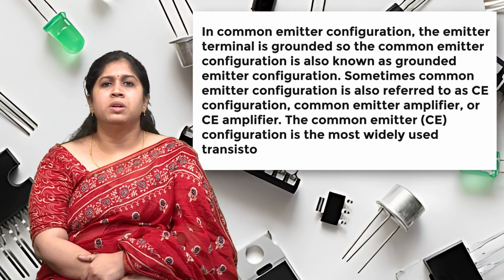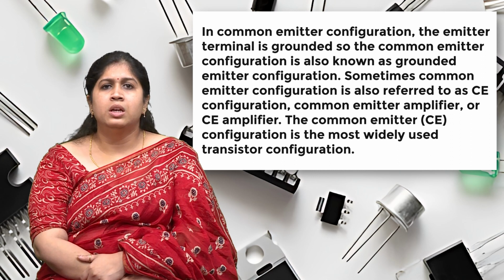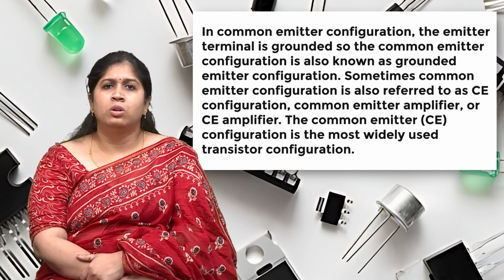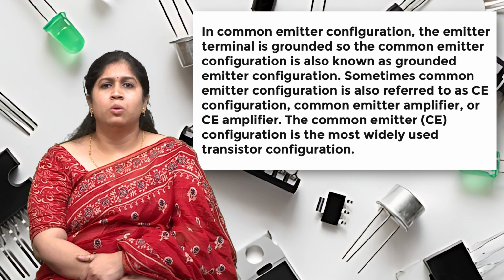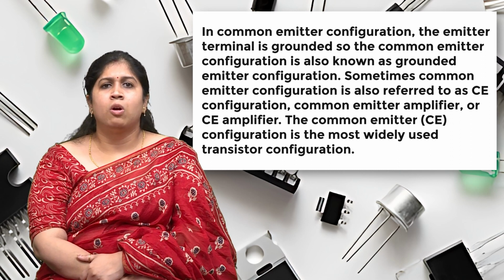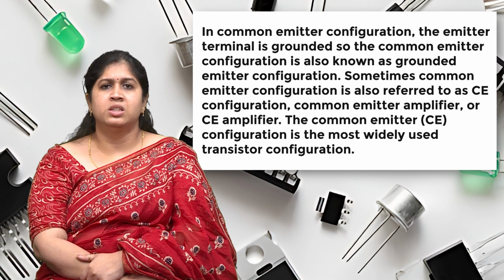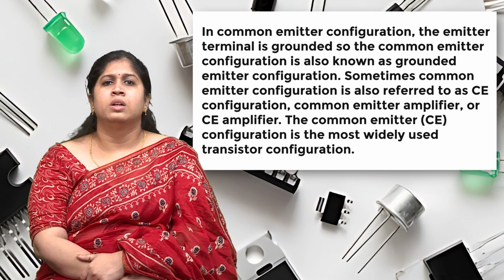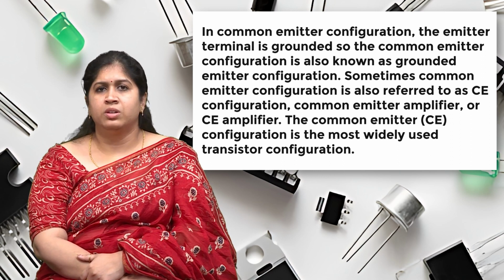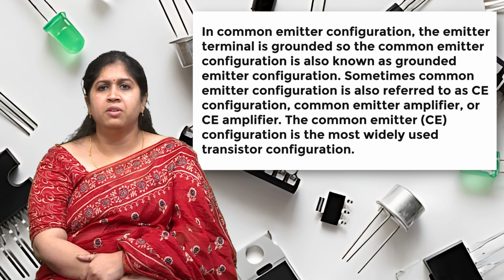In common emitter configuration, the emitter terminal is grounded, so the common emitter configuration is also known as grounded emitter configuration. Sometimes common emitter configuration is also referred to as CE configuration or CE amplifier.